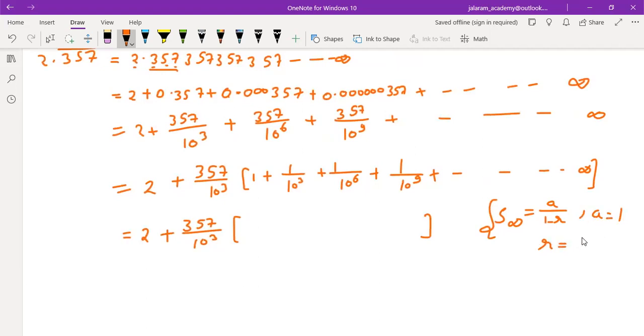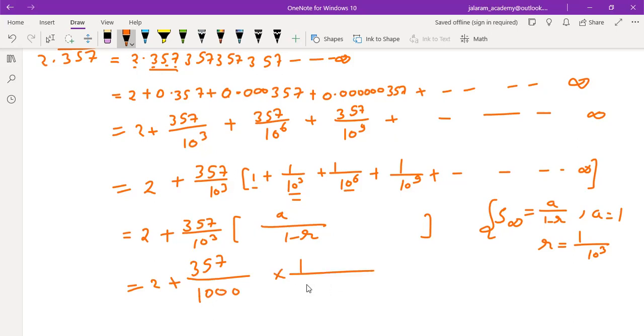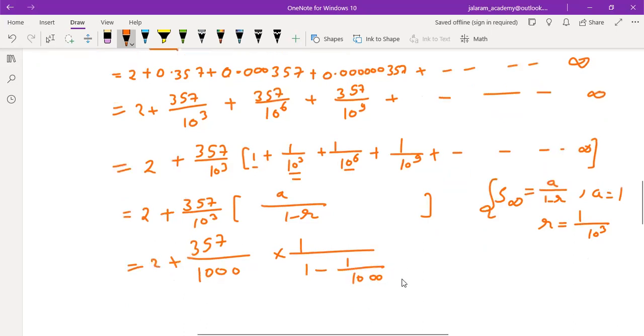Common ratio R is A2 by A1 or A3 by A2, whatever you find, it will always be 1 by 10 cube. So A upon 1 minus R, that is 2 plus 357 upon 1000 into value of A is 1 upon 1 minus value of R is 1 upon 1000.